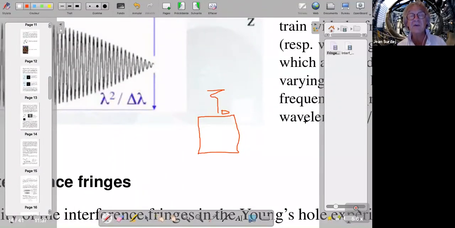It's the linear size of the square divided by the distance. So the question is, what would the complex degree of mutual coherence look like, or in fact what would the visibility in the fringes that you would see look like in terms of zeta 0?